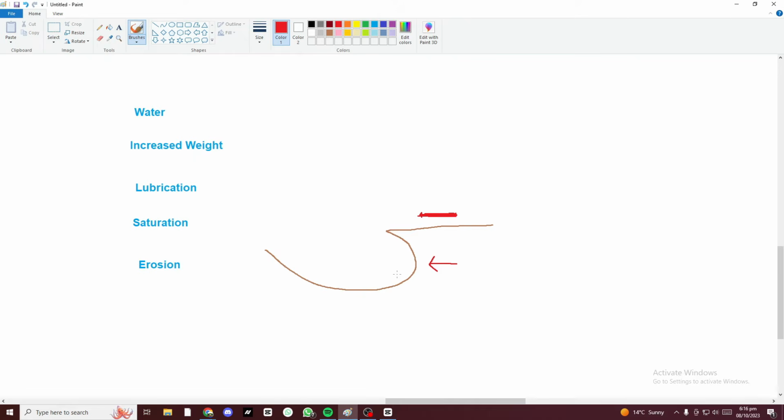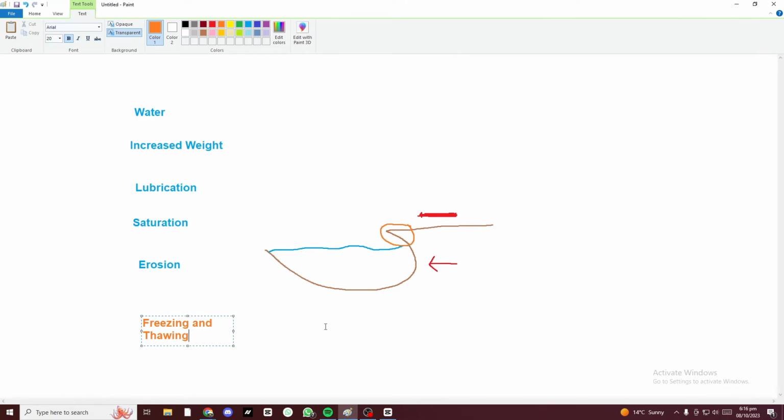This undercutting is because of erosion that is caused by water flowing in the river. When this erosion undercuts the cliff enough, it will cause this overhang here to break off and fall, which is a type of mass movement.